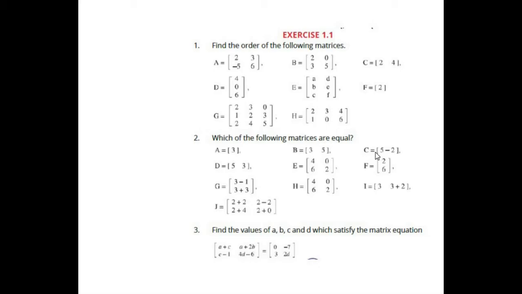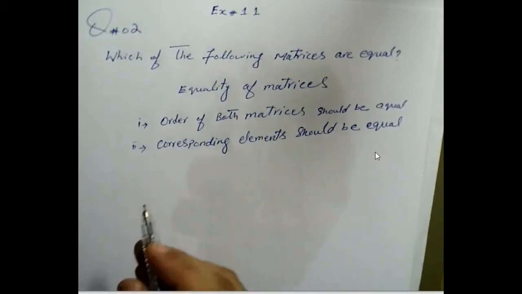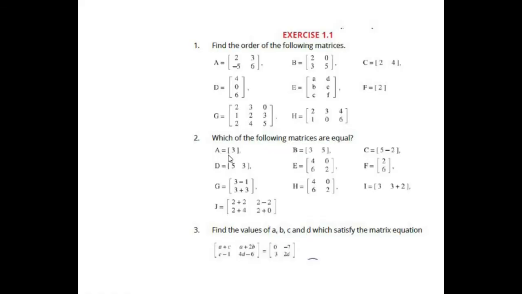While we checked the order of A and C, we found that the order of A is 1 by 1 and the order of C is also 1 by 1. Don't be confused with these.